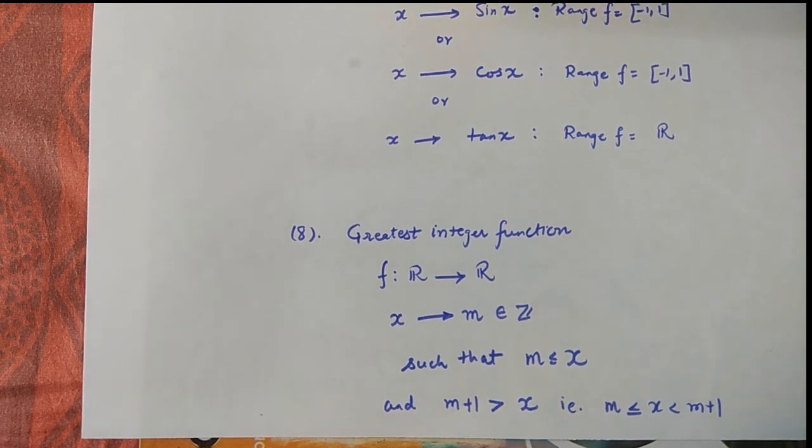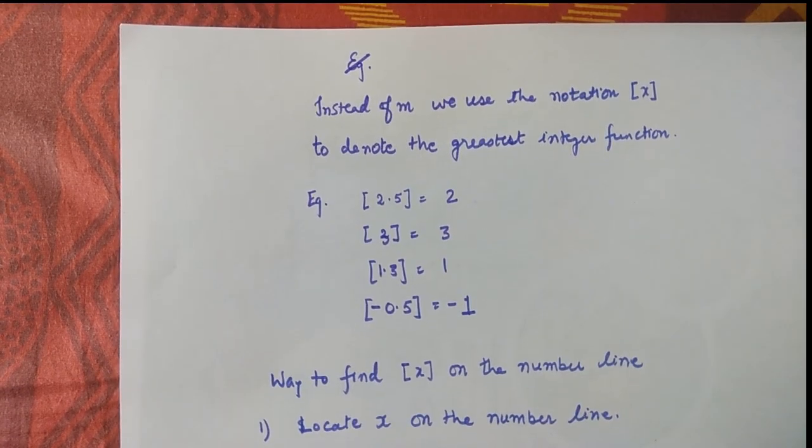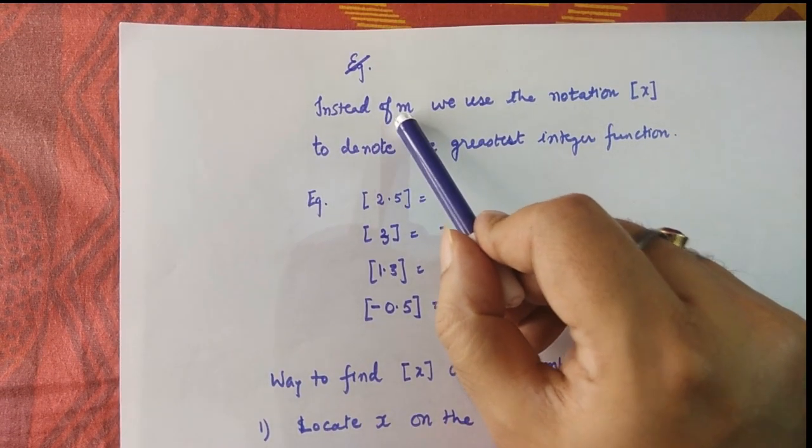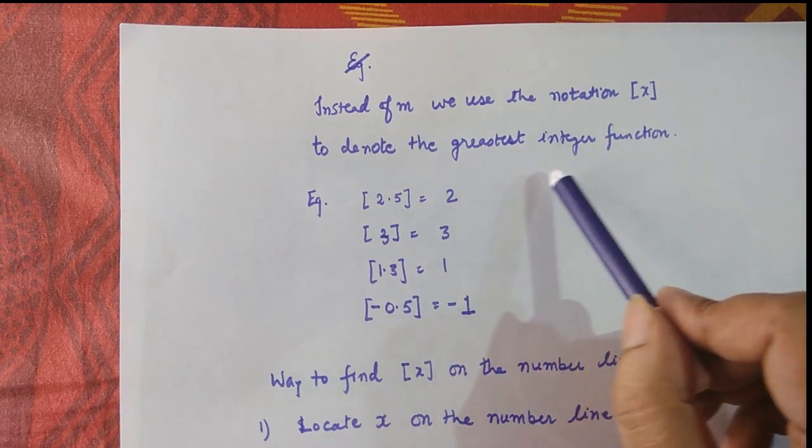So basically, in order to find the greatest integer function of a number x, you need to consider all those integers which are smaller than or equal to x, and then from among that set of integers, choose the largest integer. Instead of writing m, we use the notation square bracket of x to denote the greatest integer function.